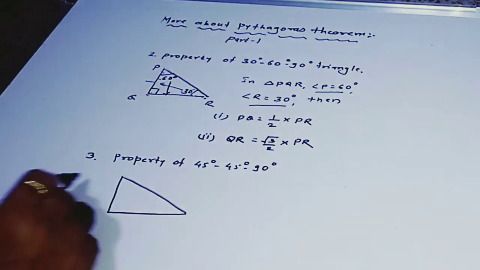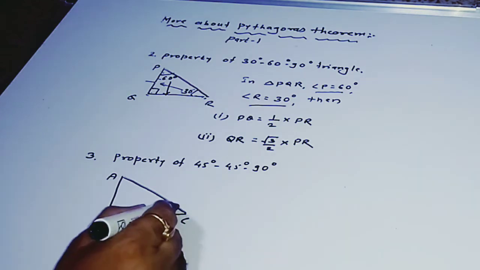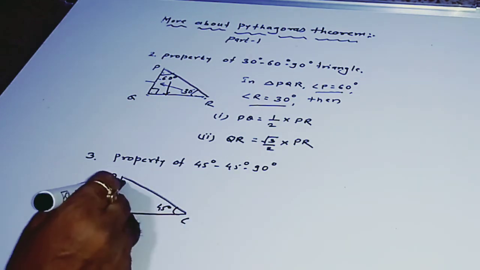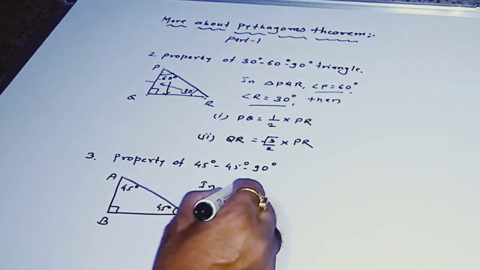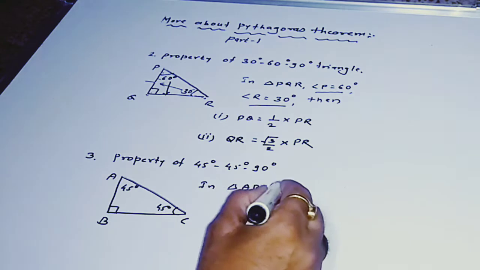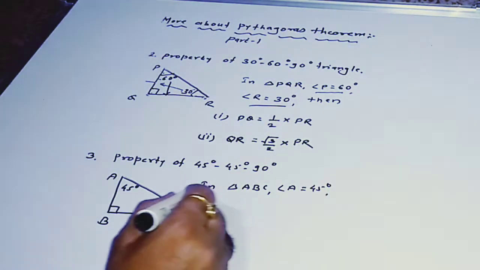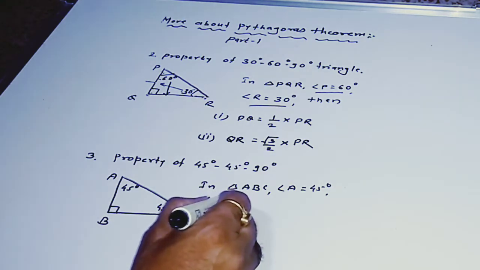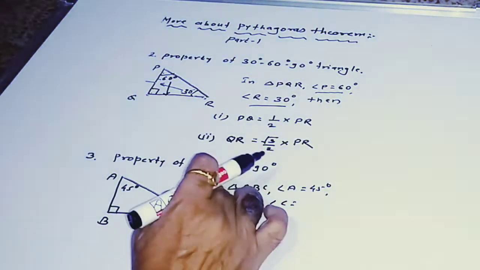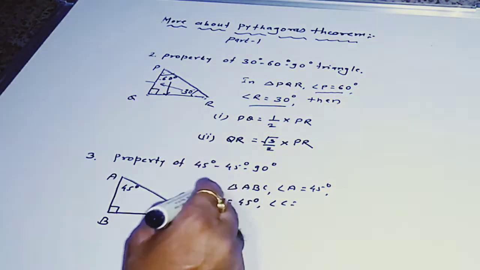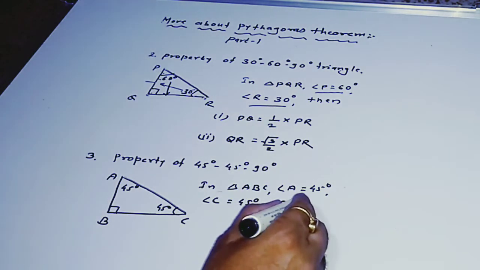So this is A, B and C. This is 45 degree, and this is again 45. In triangle ABC, angle A is 45 degree, angle C is 45 degree, and angle B is 90 degree.